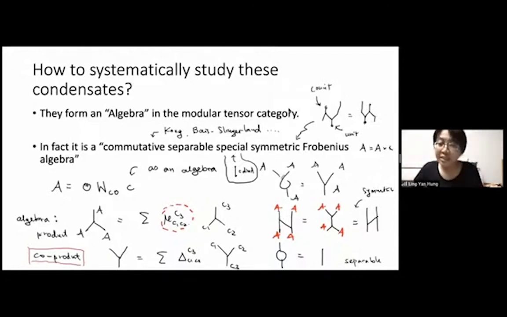Also, as we already mentioned, it better be true that different anyons, when they run around each other within the condensate, they are local with respect to each other. So this locality is this commutative part. This trivially associative is this symmetric Frobenius part. And then separable here corresponds to the fact that I can create two vacuum.